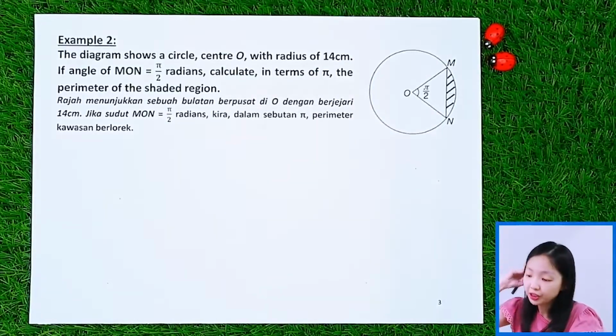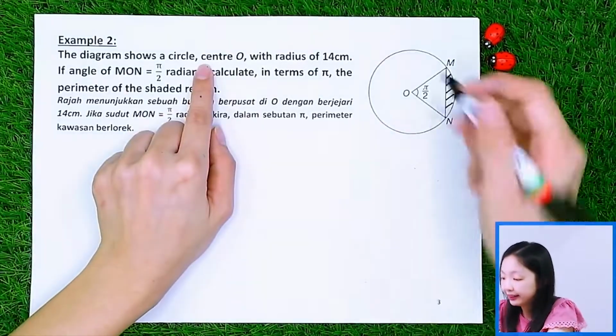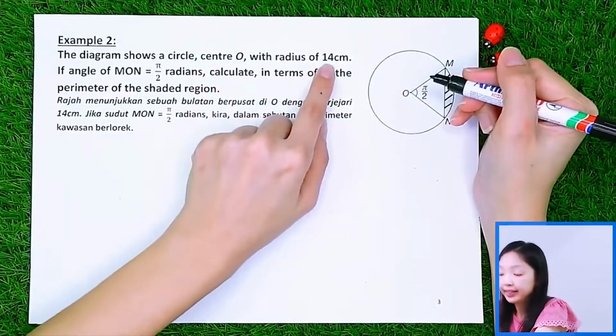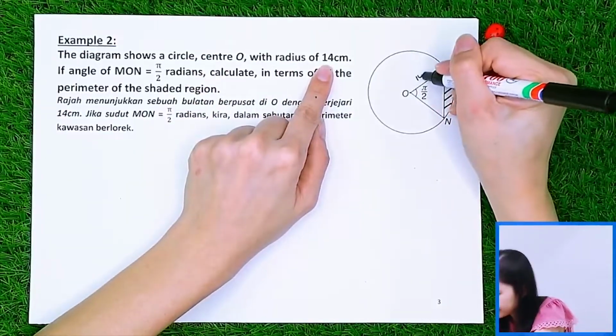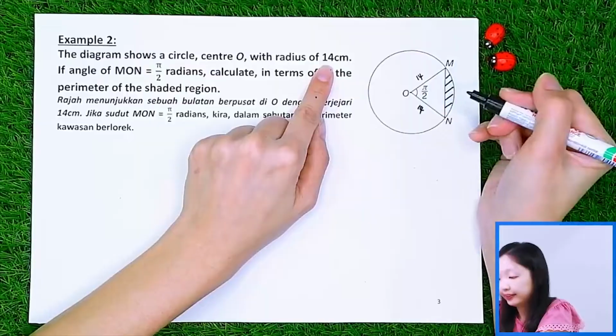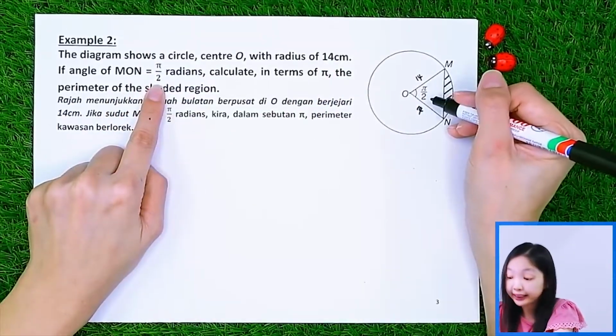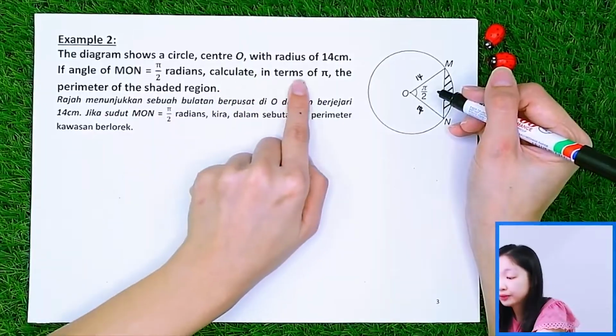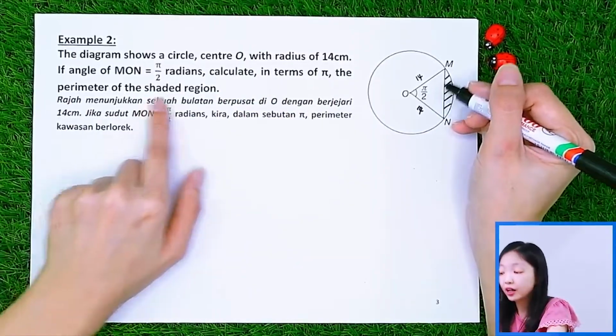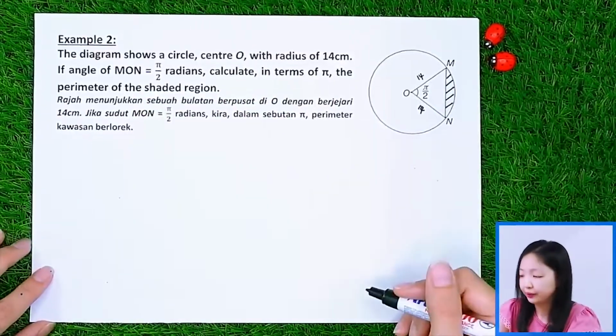Okay, so let's go to example 2. The diagram shows a circle with center O, and the radius is 14 cm. The angle MON is pi over 2 radian. Calculate, in terms of pi, the perimeter of the shaded region. What should we do?